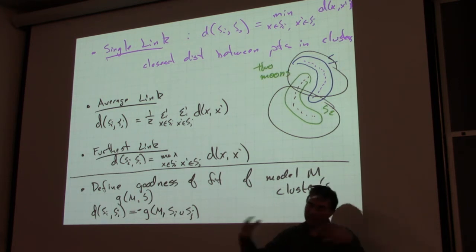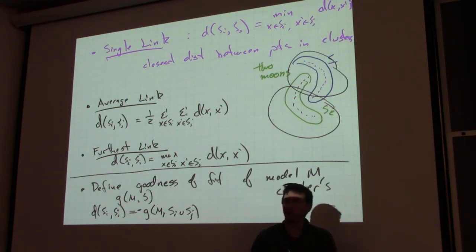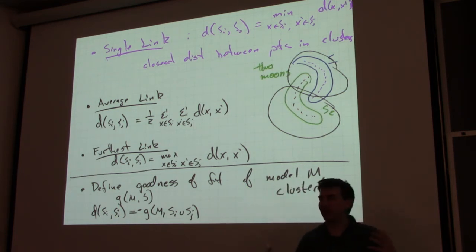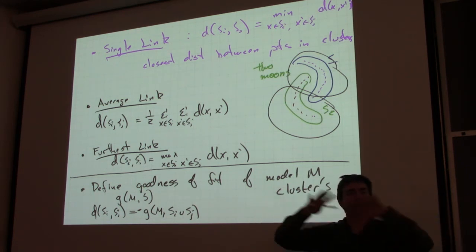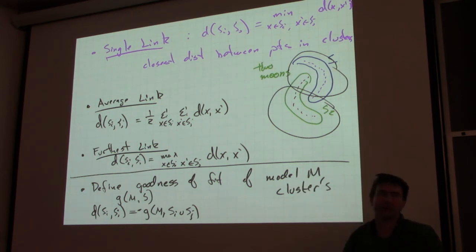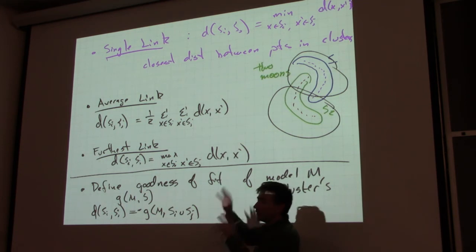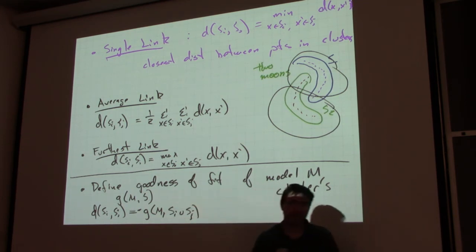If I merge together two data sets and I can't build a good predictor for it, then I don't want to merge them together. Right? So think of it as building a hierarchy of classifiers, a hierarchy of regressions, and I can use this hierarchical clustering framework to build this by using some very general notion of goodness of fit in order to determine this distance.